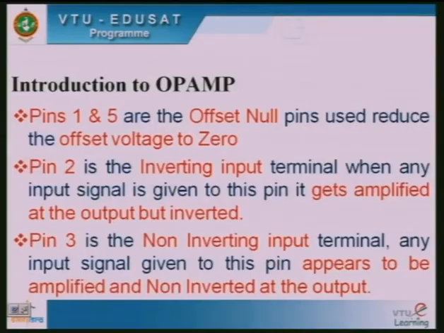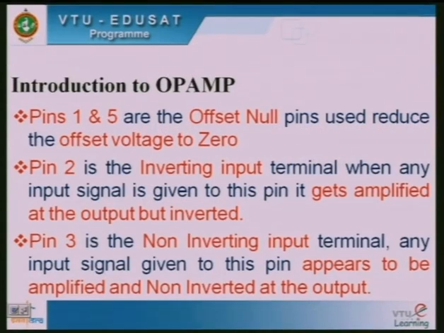To reduce this to 0 volts, what do we do? We use pin numbers 1 and 5 to reduce the offset voltage to the null value or 0 value. So that is the reason why they are called offset null pins. So 1 and 5 are offset null pins used to reduce offset voltage to 0.